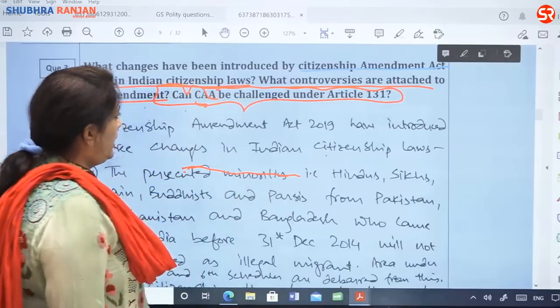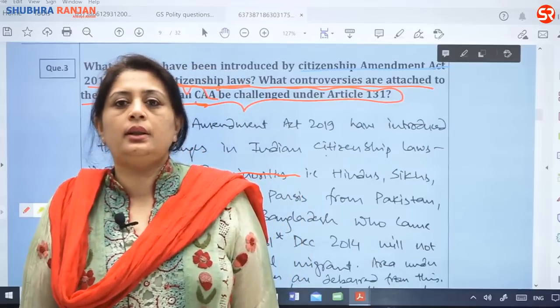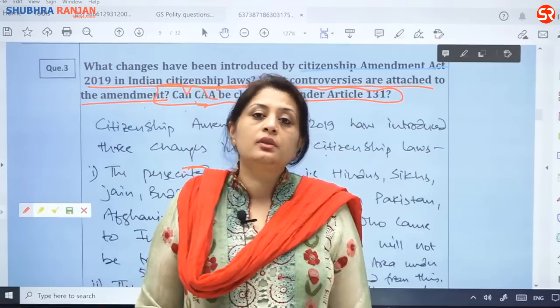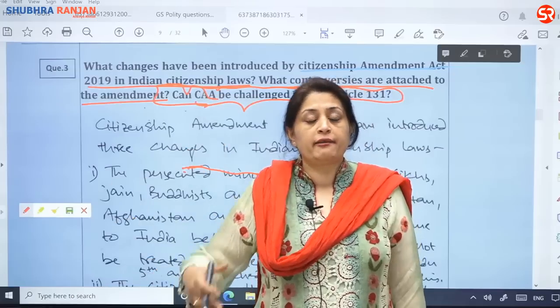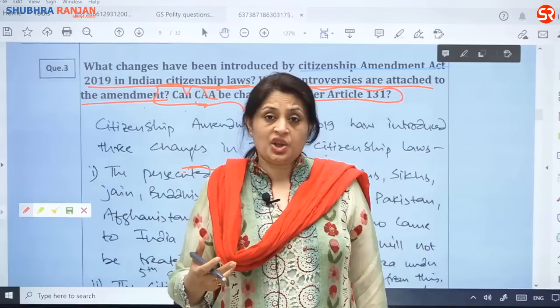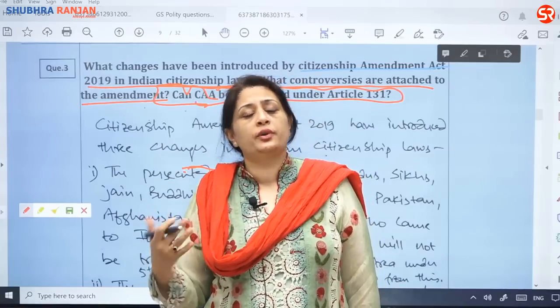So this is again a current issue, and this issue has raised eyebrows not only within the country but also even outside. There have been protests, one of the longest protests has been the Shaheen Bagh protest. So definitely there is a possibility.